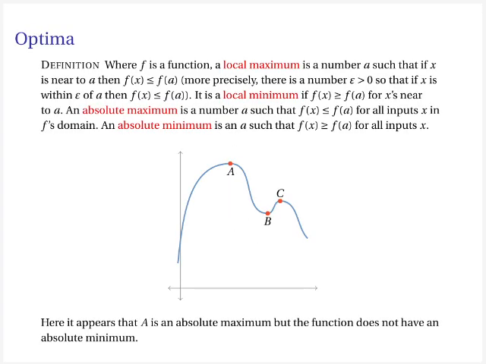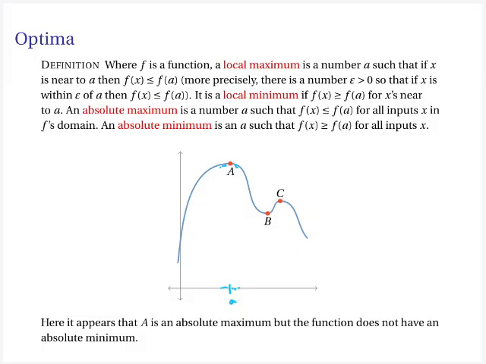So here's the definition that we saw not too long ago. Just as a reminder, if you have a number lowercase a whose output is associated with the point capital A, then it will be called a local maximum if it's a high spot in the neighborhood, meaning that lowercase x's near to lowercase a give values that are slightly less than the value of f of lowercase a.